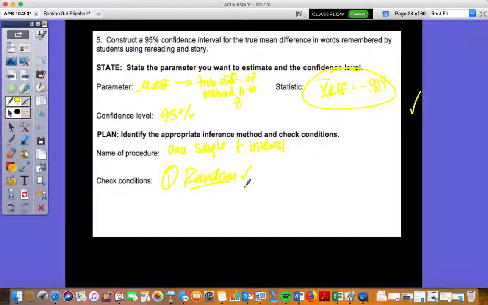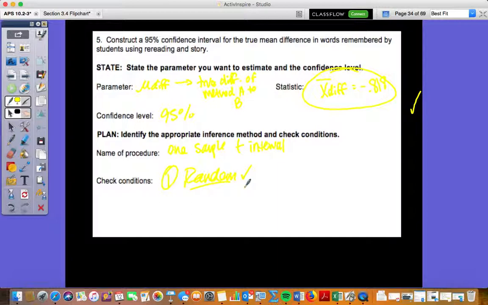Good question. The matched pairs comes from how we sampled, right? We did method 1, we did method 2, we found the difference, and now we're just caring about what the difference is. The reason we're doing the difference is it's the same people. We did two different things, a pre and a post, or method A to method B, and we're comparing that difference.